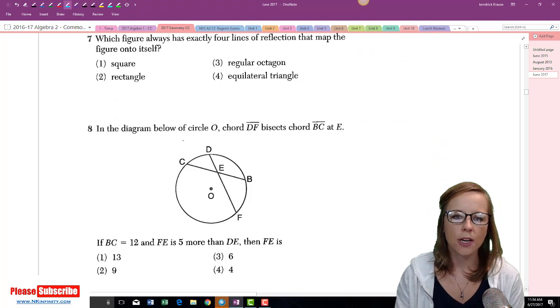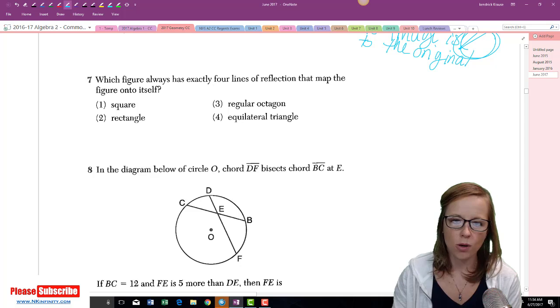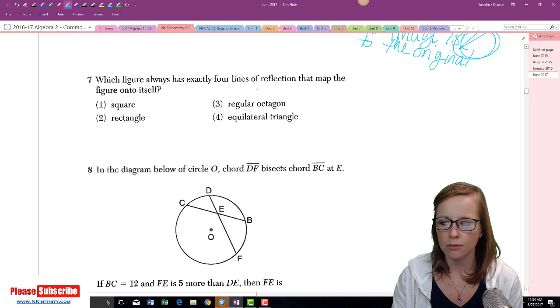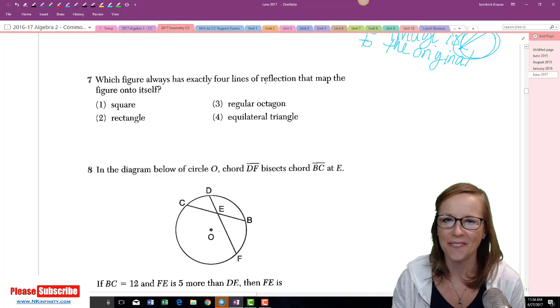Okay. Which figure always has exactly 4 lines of reflection that map the figure onto itself? Well, what you're looking for is a regular polygon. There's the word I'm looking for.